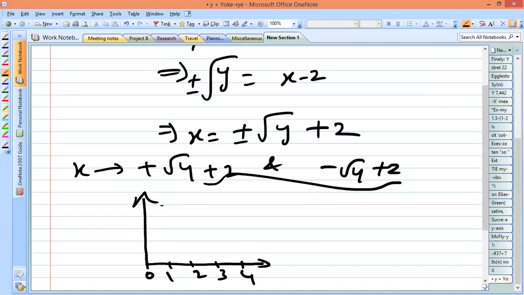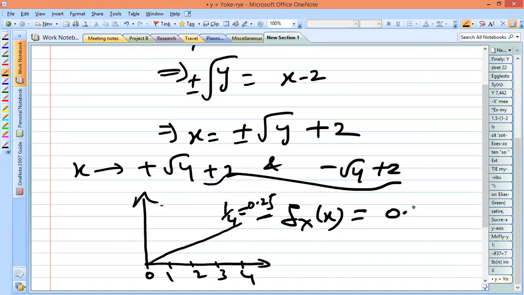Between 0 to 4, the random variable x is being distributed. Using this, we have to find the PDF value fX of x. As we know, it is distributed over 4 points, and here the slope can be taken as 1 by 4, which is equal to 0.25. So we can write fX of x as 0.25.